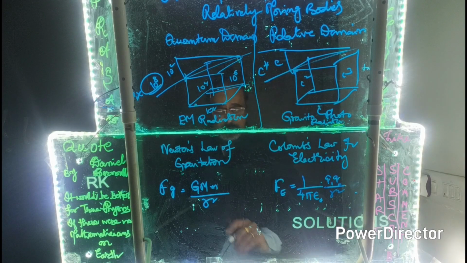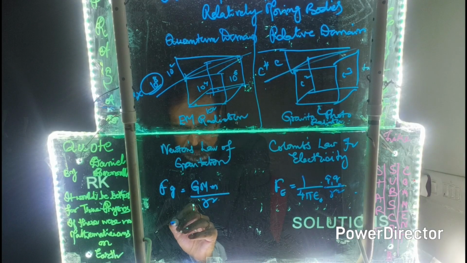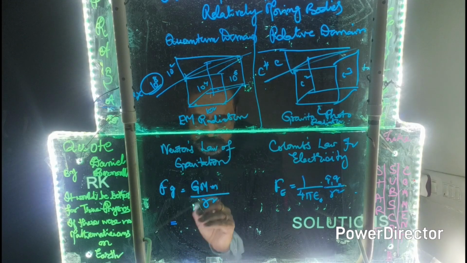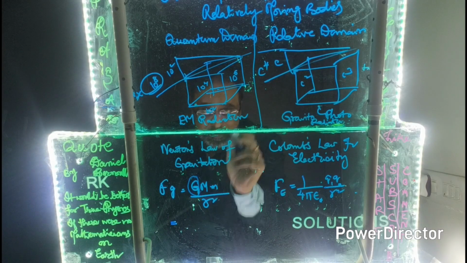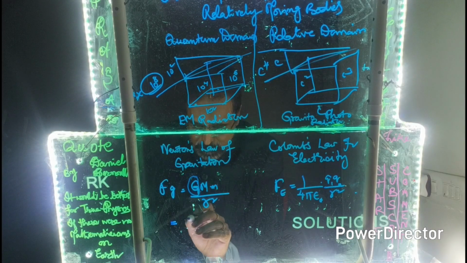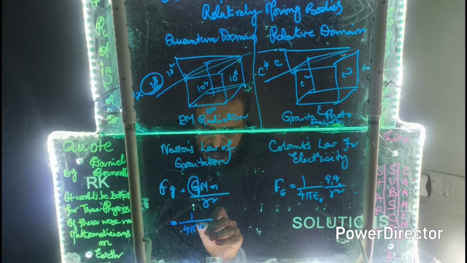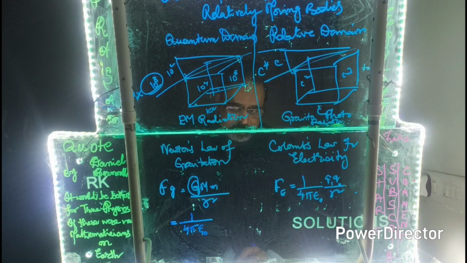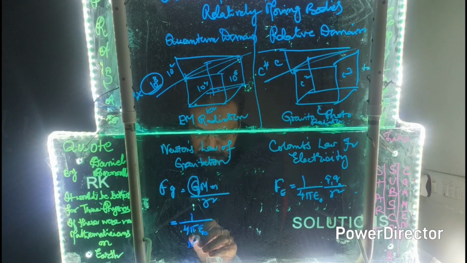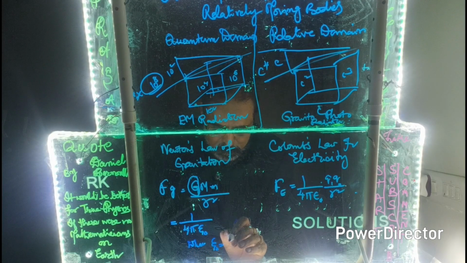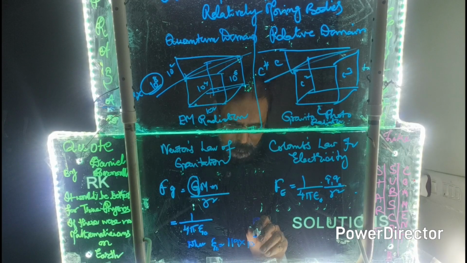Right? So if I substitute G with the value we arrived at, 1 by 4 pi xi naught, where xi naught is equal to 119 into 10 raised to 7, not minus.